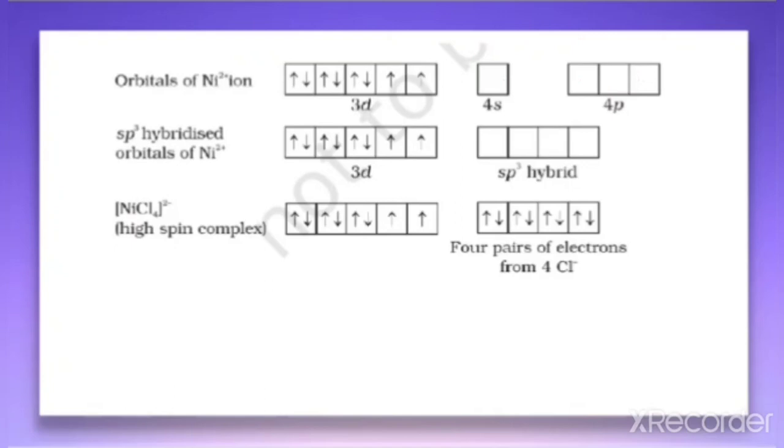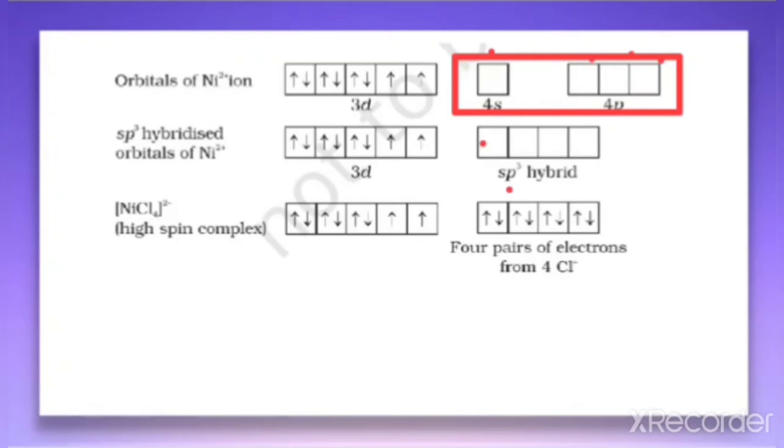So these orbitals undergo hybridization. That is, the 1s orbital, that is a 4s orbital, and the 3p orbitals undergo intermixing. So it results in the formation of which hybridization? sp3 hybrid. It is an sp3 hybridization and forms sp3 hybrid orbitals. Now these orbitals are called sp3 hybrid orbitals.